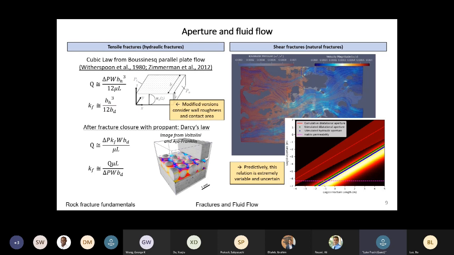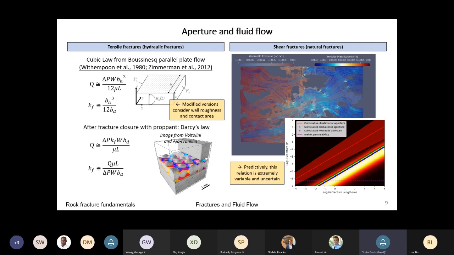So in the top left here, I wanted to include the most commonly used equation for modeling flow through fractures. I have had people get angry at me for showing this equation because they think it's too simple, but it depends upon how you think about it. In this case, I like to use this equation in terms of effective hydraulic aperture.